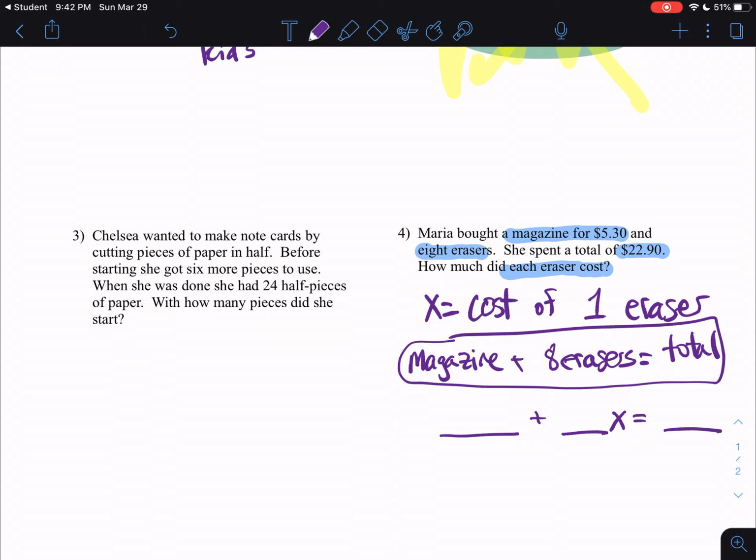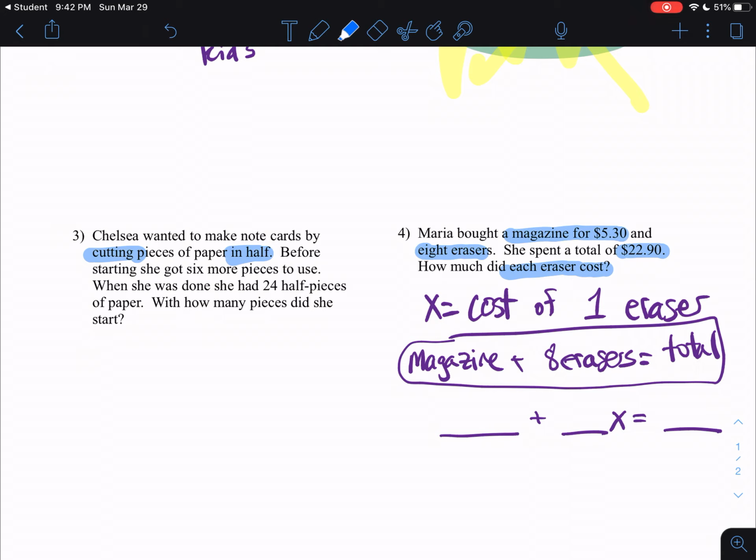Finally, number 3, I'm going to do this one for you. I'm not going to solve it, but I am going to write the equation out. Chelsea wanted to make note cards by cutting pieces of paper in half. So we're cutting paper in half. So that means if we had 1 piece of paper, now we have 2. If we had 3 pieces of paper, now we have 6. If we had 8, now we have 16.